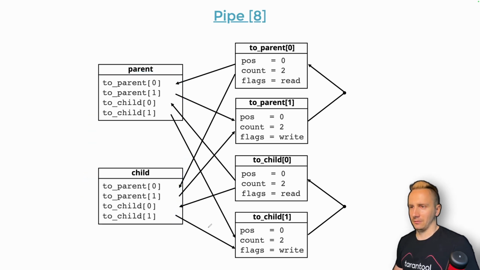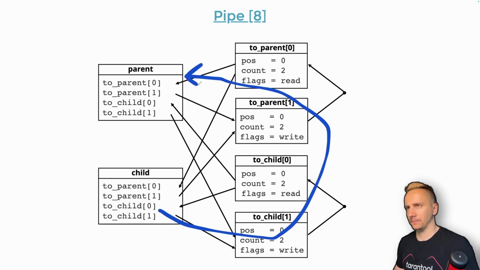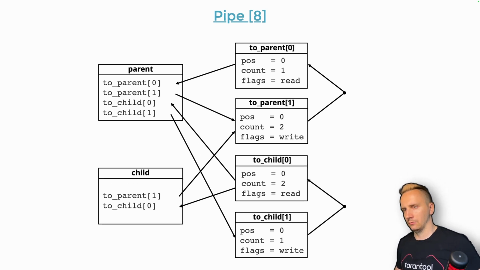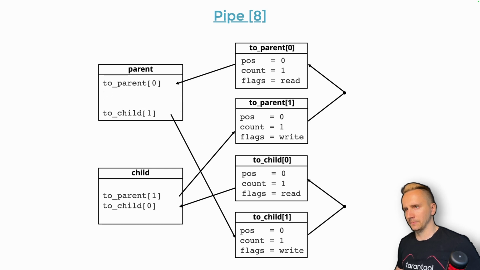And this is when they are all open. We don't need that many. We just need a way for the child to send data to parent and for the parent to send data back to child. We don't need so many edges in this graph for that to be possible. So let's close not needed edges. Close those 2 and close those 2.